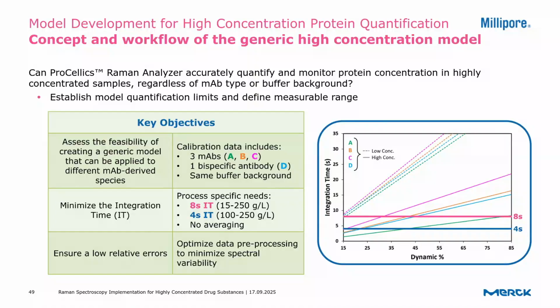So with no averaging included in these models, these integration times represent the true time between measurements. And then lastly, we wanted to ensure low relative errors by optimizing data pre-processing to minimize the spectral variability.